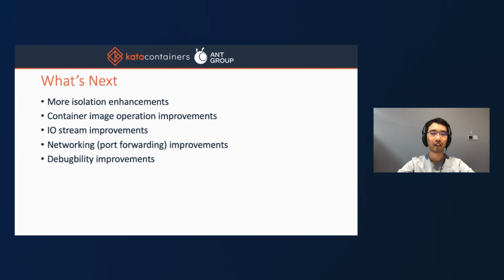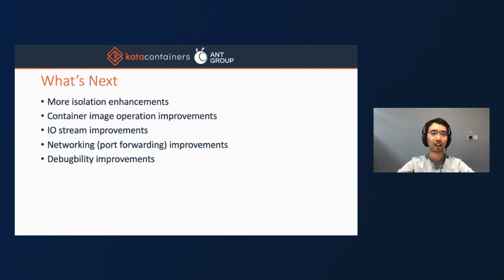This means that right now the container image is pulled and unpacked on the host, but in a cloud vendor case such as Alibaba Cloud, all users' images cannot be shared because their data must be isolated.